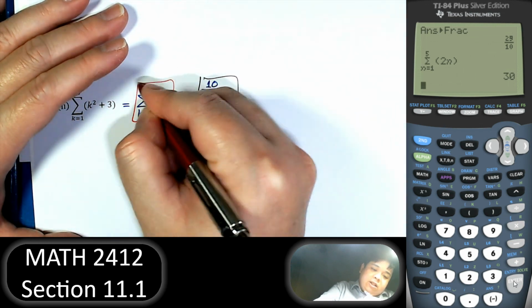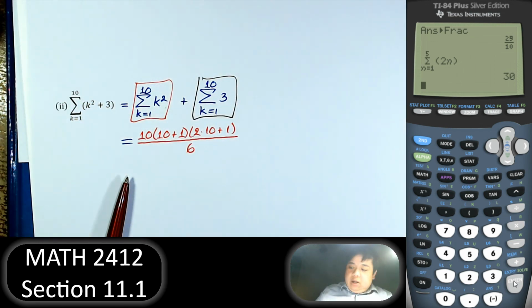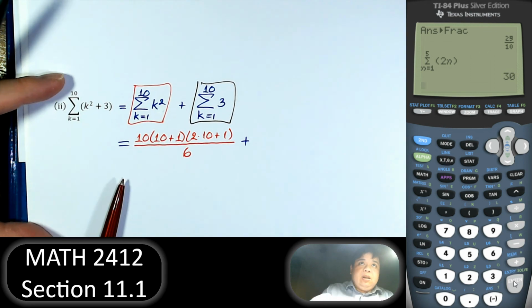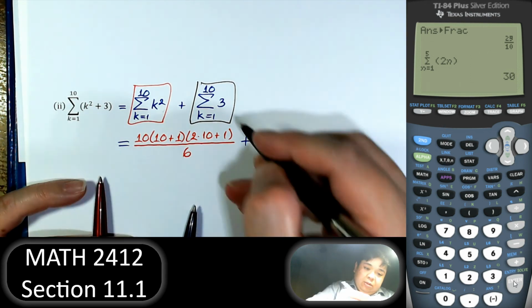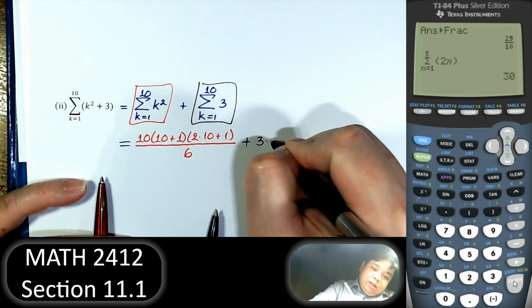That gives us this summation. And then the other one will be just 3 times the upper limit.